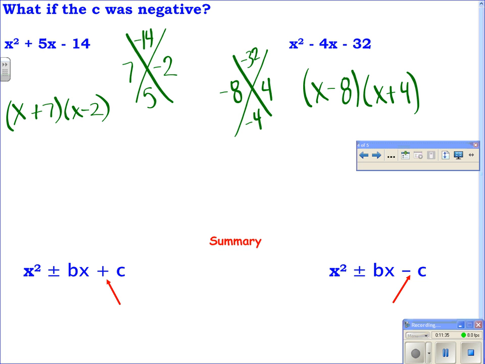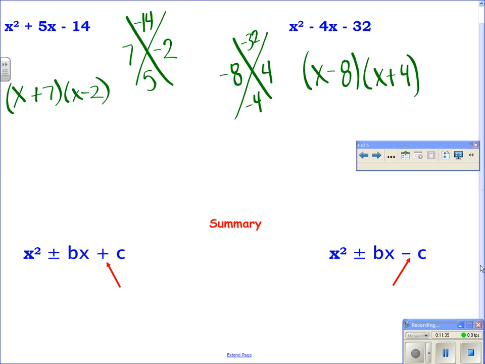So here's a summary. Write down these two. That plus or minus on the C value tells us something about our answer. If the C is positive, what do we know about the signs in our answer? Let's look back at this one.